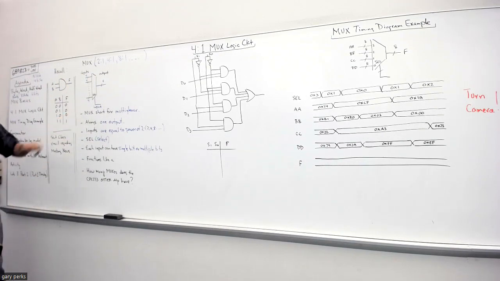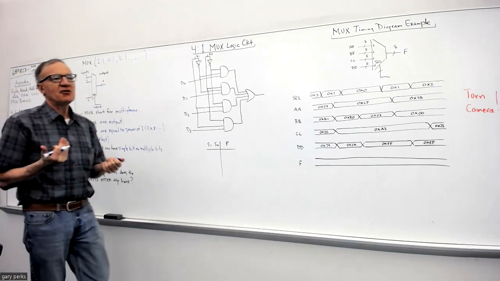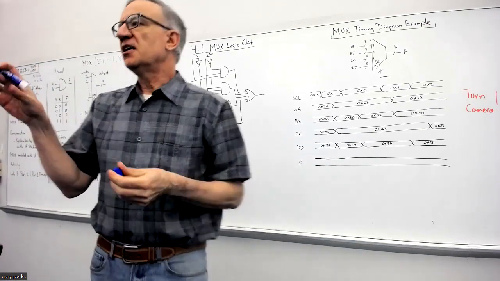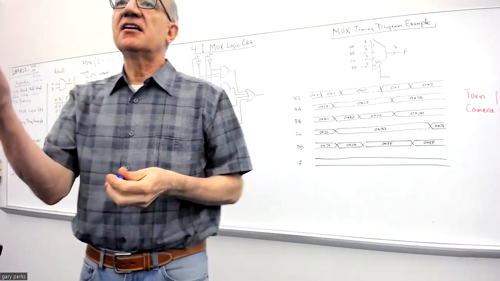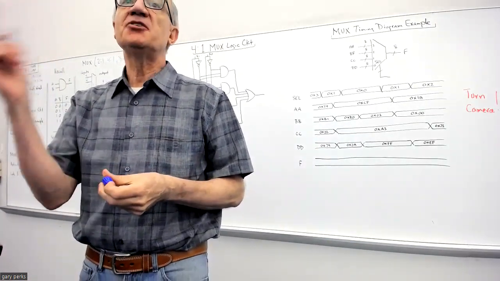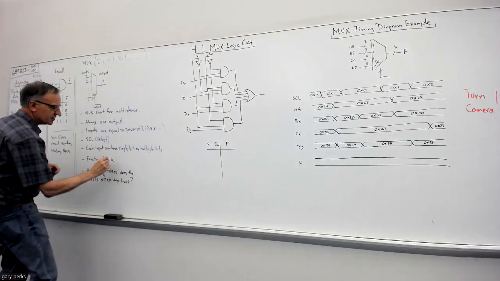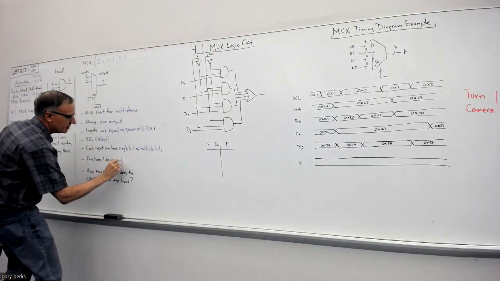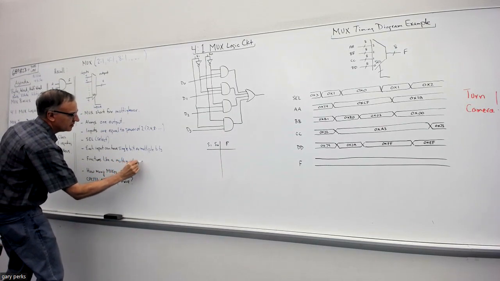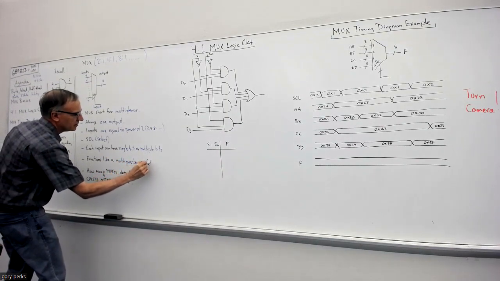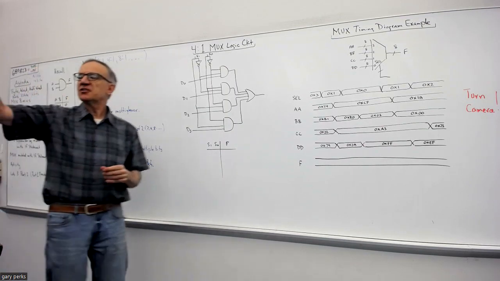All right, before we talk about the select, one more thing. The way you can think of how a multiplexer works, it's sort of like an electronic version of a multi-position switch. So the MUX functions like a multi-position switch, sort of like a dial.